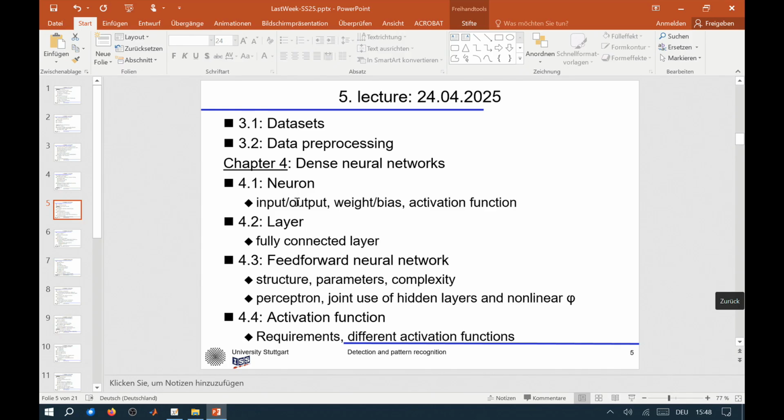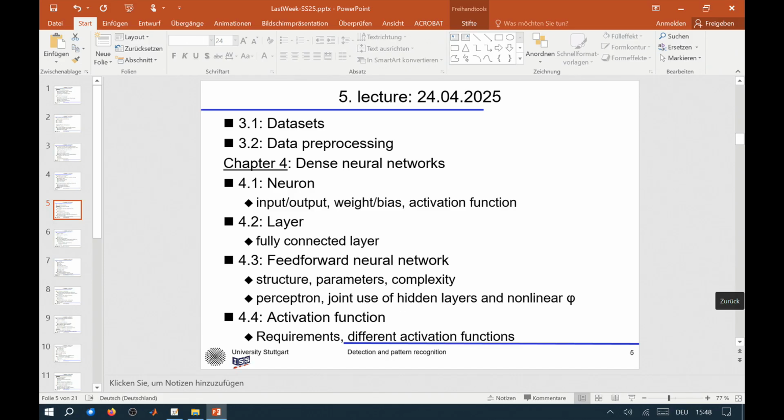If we have multiple neurons, we can have a layer, a so-called dense layer or fully connected layer. And the feed-forward neural network, the simplest type of neural network, is just a cascade of different dense layers. Each layer may have its individual number of neurons, individual activation function, and so on. We can easily calculate the total number of parameters and the computational complexity in terms of the number of multiplications.